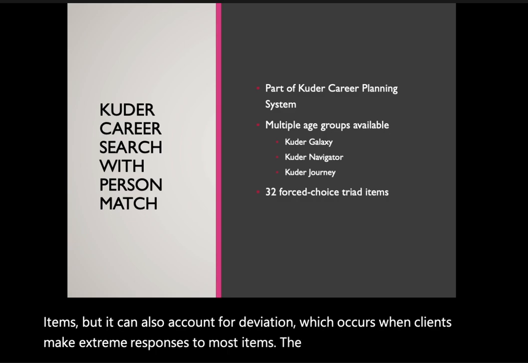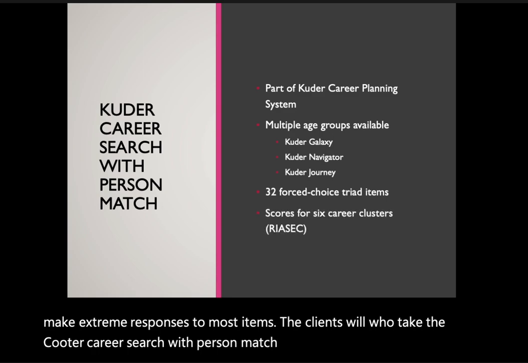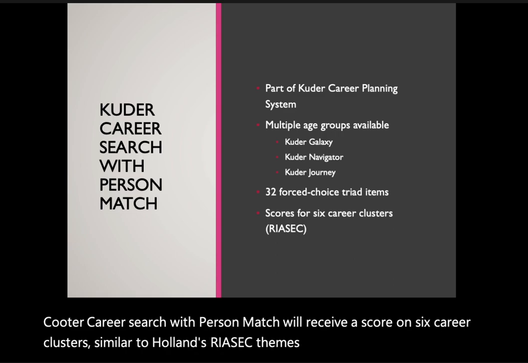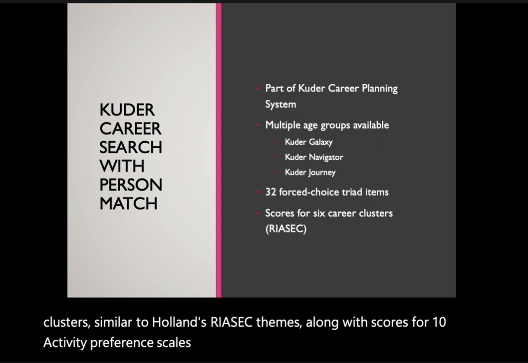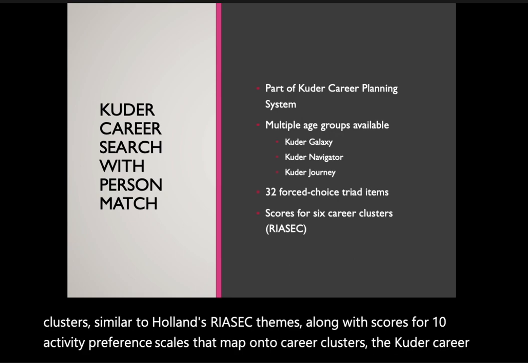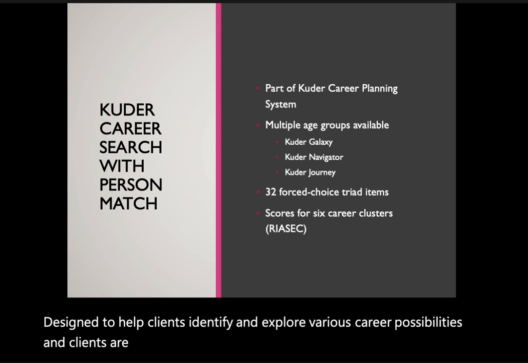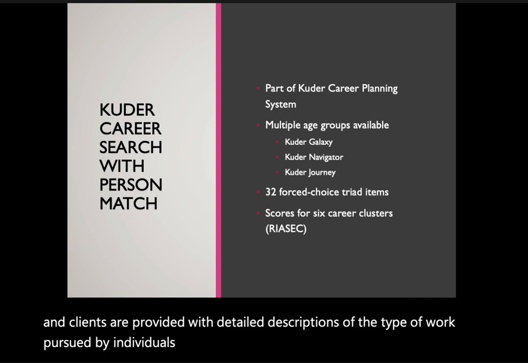The clients who take the Kuder Career Search with Person Match will receive a score on 6 career clusters, similar to Holland's RIASEC themes, along with scores for 10 activity preference scales that map onto career clusters. The Kuder Career Search has been designed to help clients identify and explore various career possibilities, and clients are provided with detailed descriptions of the type of work pursued by individuals with their same interests.